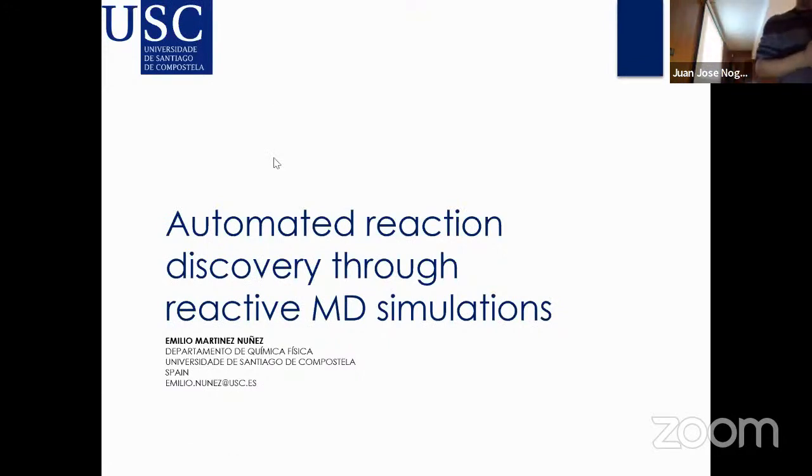So he's the main developer of AutoMechin, which stands for Automated Discovery of Reaction Mechanisms and Kinetics. And besides being an excellent lecturer, as we will see in a second, he also has a very interesting research background with more than 3,000 citations and an H index of 27. So please, Emilio, for yours.